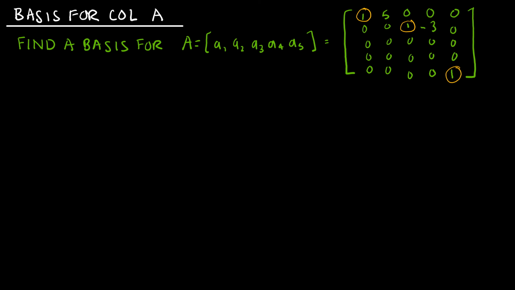Looking at these columns or vectors, this is vector A1, A2, A3, A4, and A5. A1 contains a pivot, and therefore I'm going to leave it just as it is. A2 can be written as just 5 times A1, so A2 is a redundant vector.